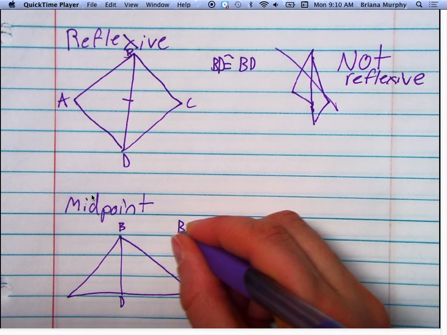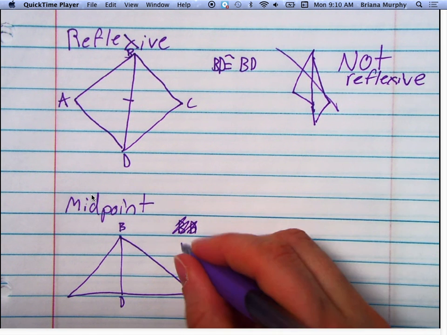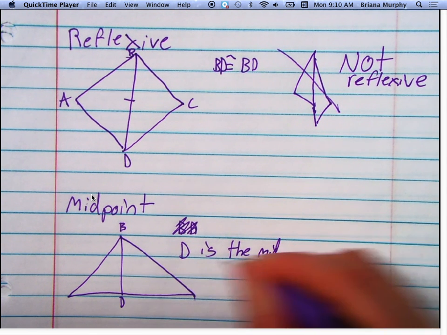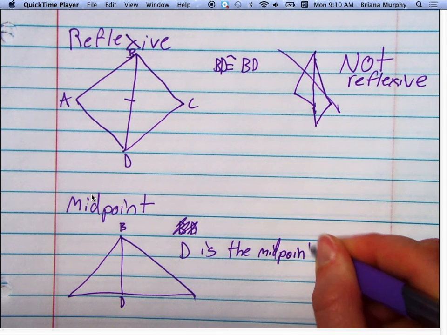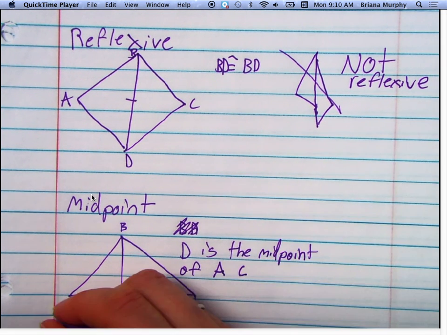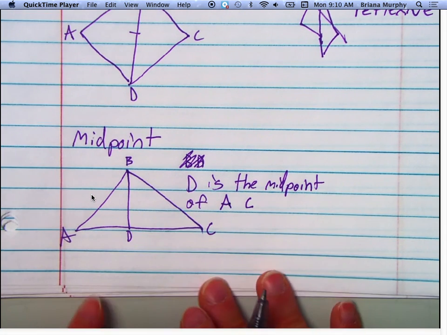If I say D is the midpoint of AC, what does that mean? What two things are congruent?